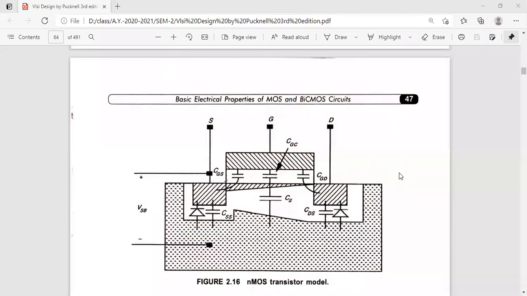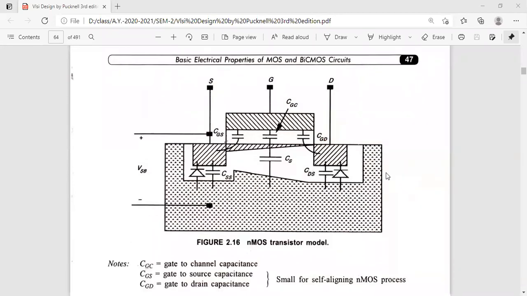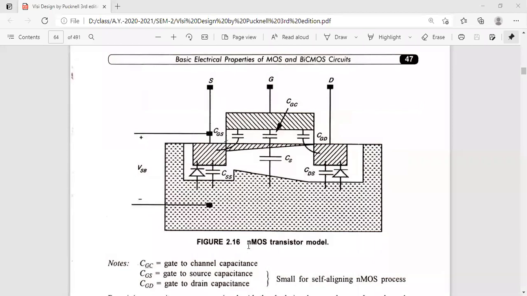So in a single NMOS transistor model, you are observing two diodes and at most 6 capacitances, right?